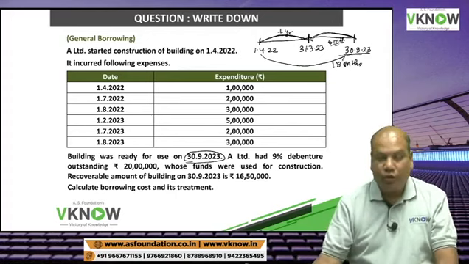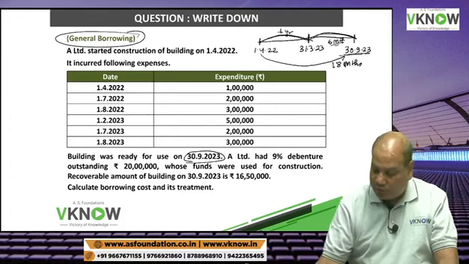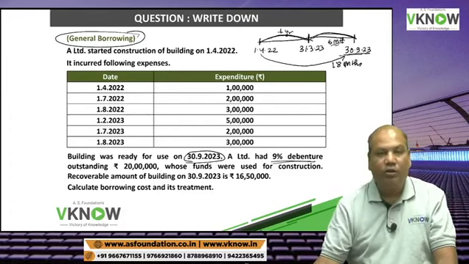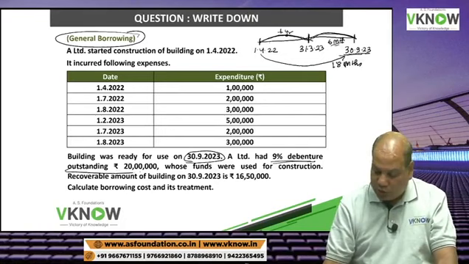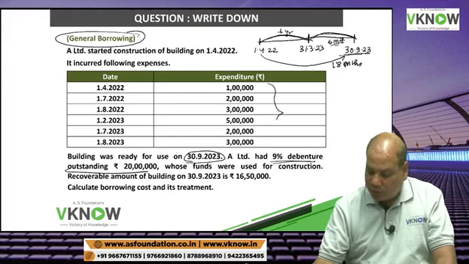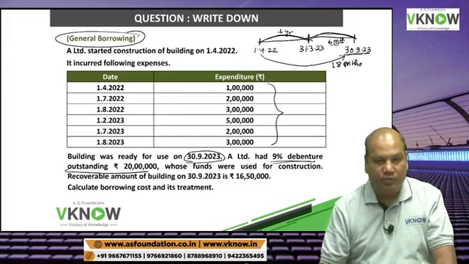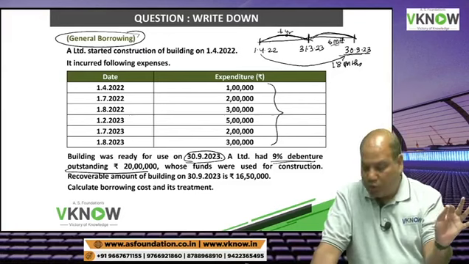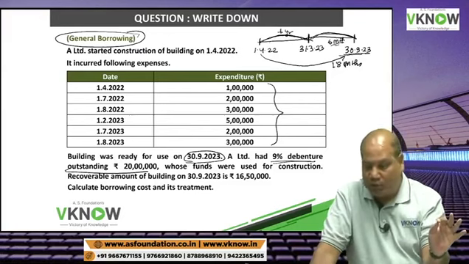Second point, this is a question of general borrowing. The company had 9% debenture outstanding, and out of that, they have used the funds for the purpose of this construction activity. That means the debenture was not issued for construction of building.